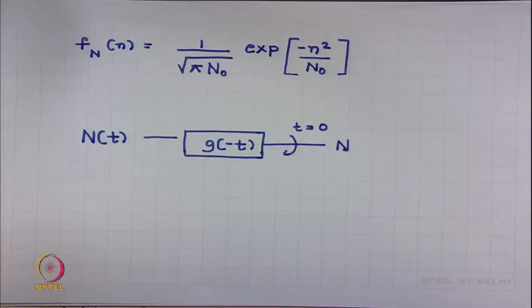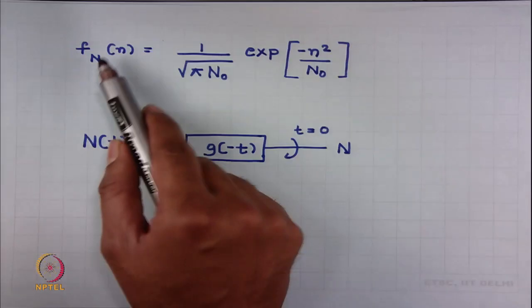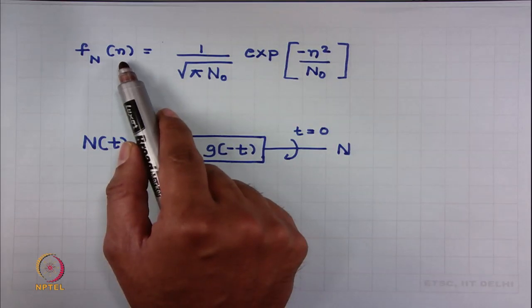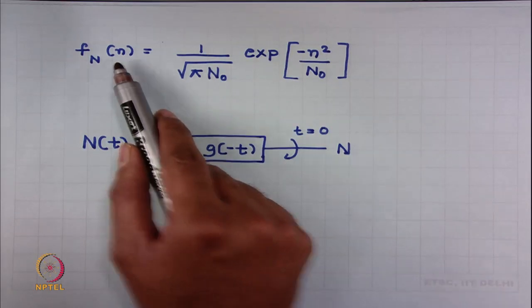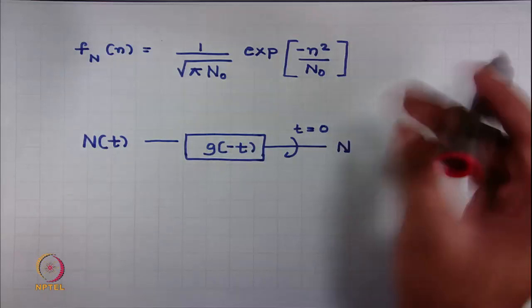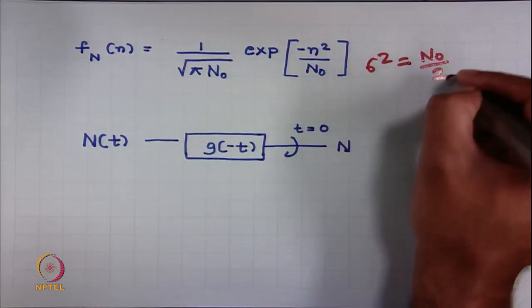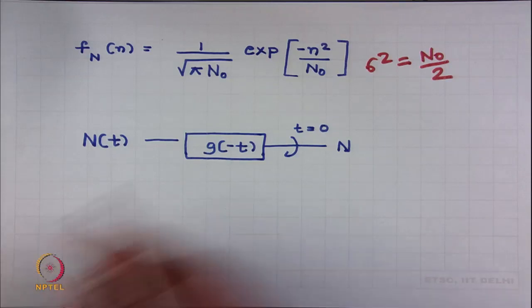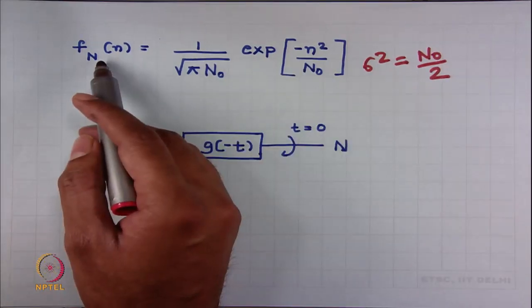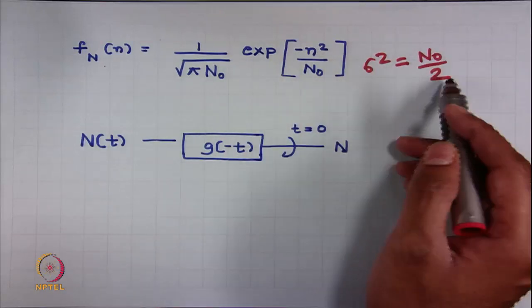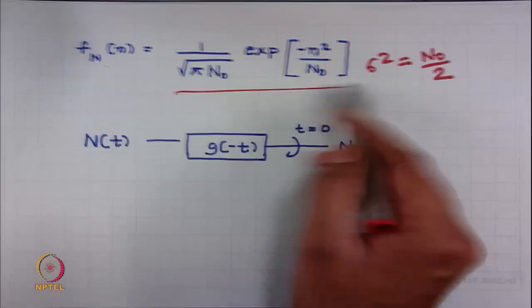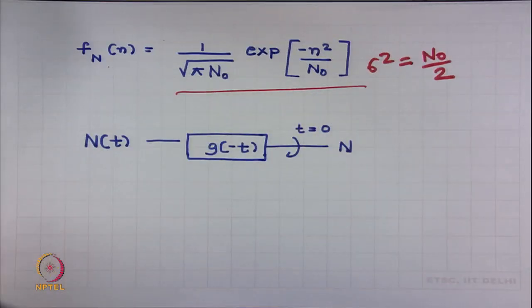So, if n is a Gaussian random variable, we know that its probability density function will be given by this. The variance is N0 by 2, and if you have a Gaussian random variable with mean 0 and variance N0 by 2, this is the probability density function of that random variable.